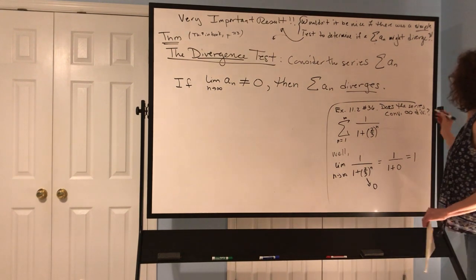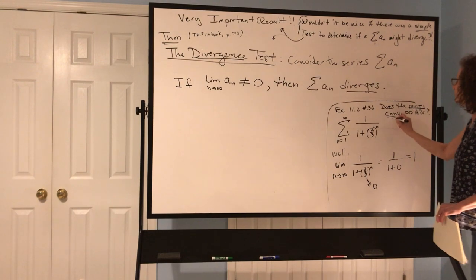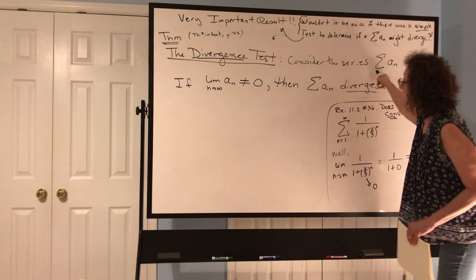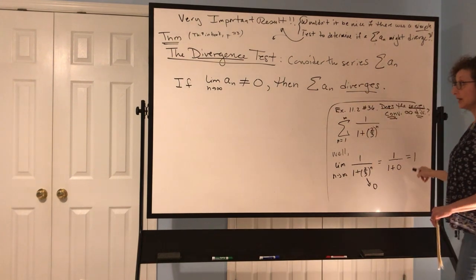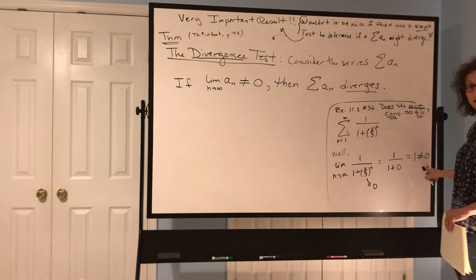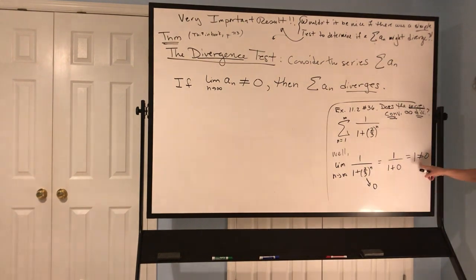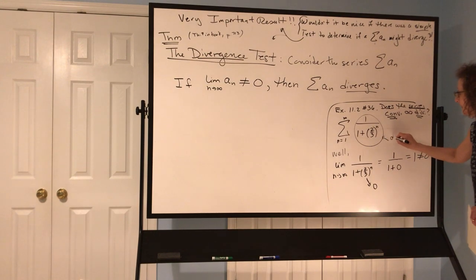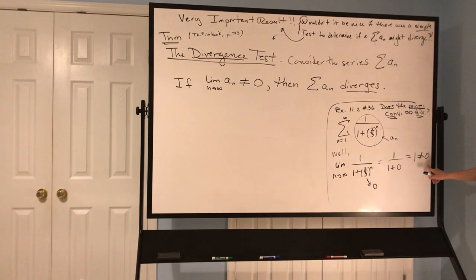What are we trying to do? We're testing the series for convergence or divergence. What does the divergence test say? It says if that limit is not 0, then the series diverges. I got 1, and 1 is not 0. I highly encourage you to write this down so that you remember what this test is telling you and why. I got 1 from doing the limit of my a sub n, and 1 is not 0.